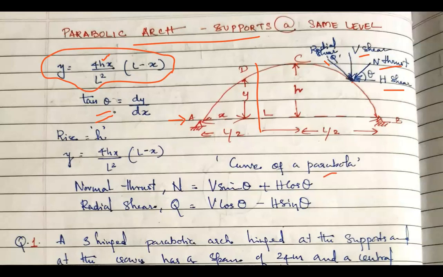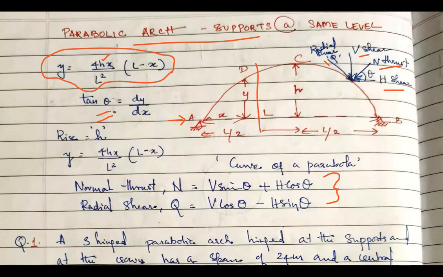You should learn these equations by heart. These are the horizontal and vertical components. In the same way, radial shear Q is given by V cos theta minus H sin theta.